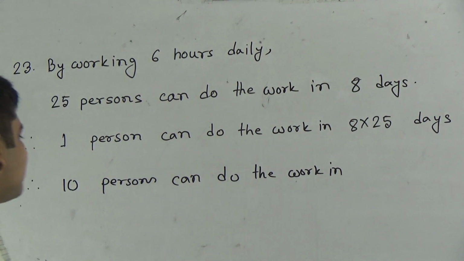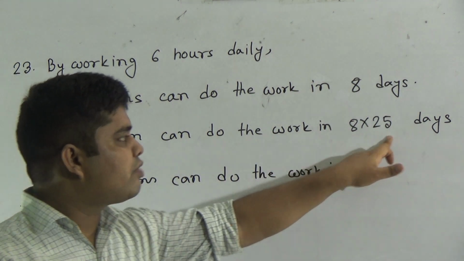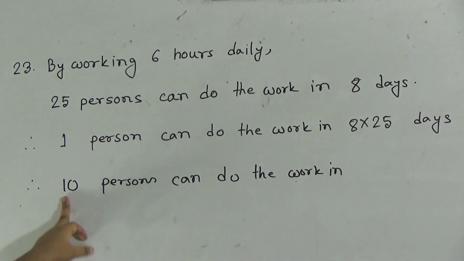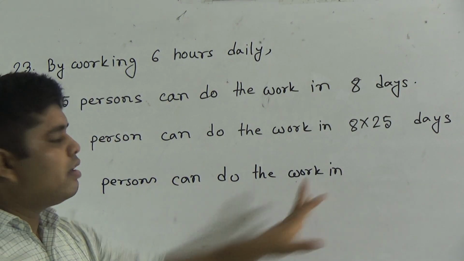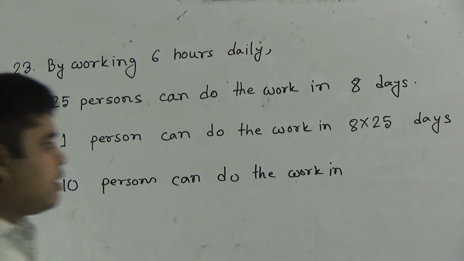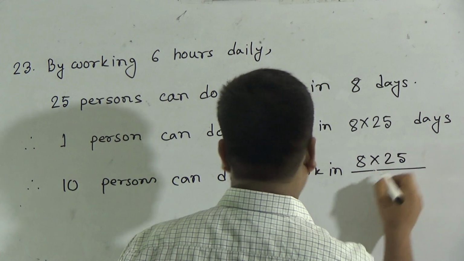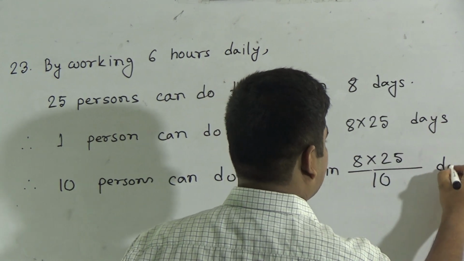Now you notice 1% can do the work in 8 multiplied by 25 days. Will 10% do the work in fewer days or more days? It is fewer than for 1%, so division will happen. That means 8 multiplied by 25 divided by 10 days.